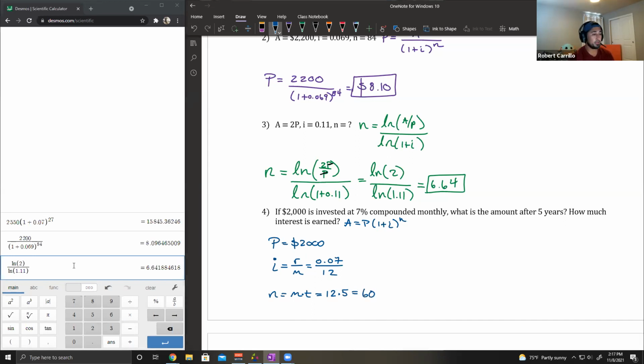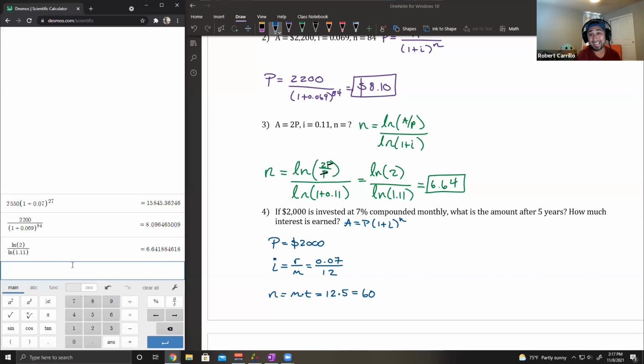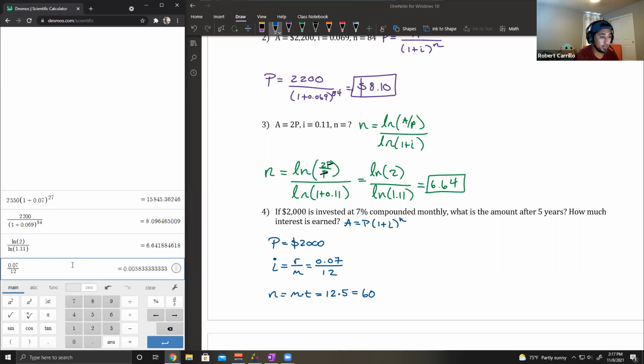Now 0.07 over 12, if it's a nice number, we will convert it to that, but if it's not, we'll leave it as that fraction. So we're going to leave it as the fraction, 0.07 over 12.